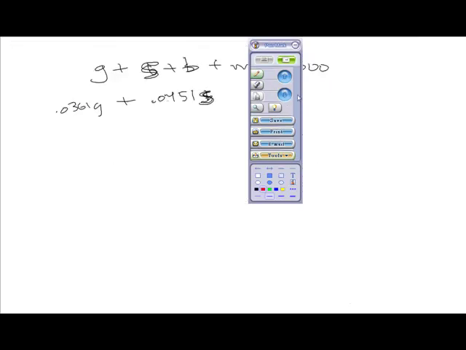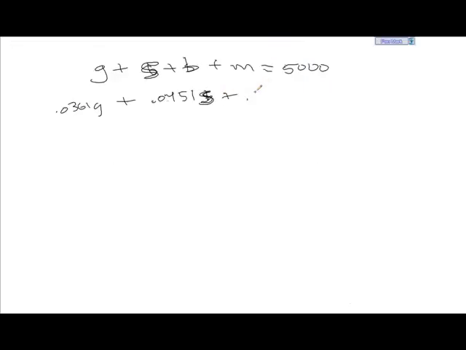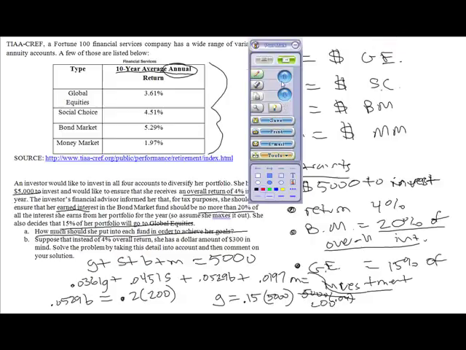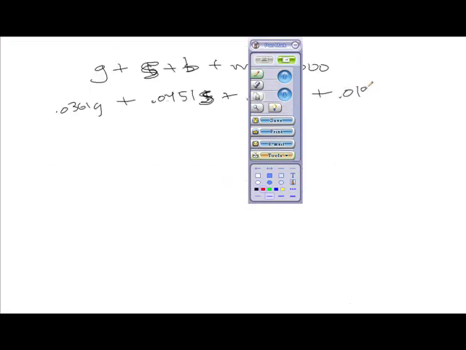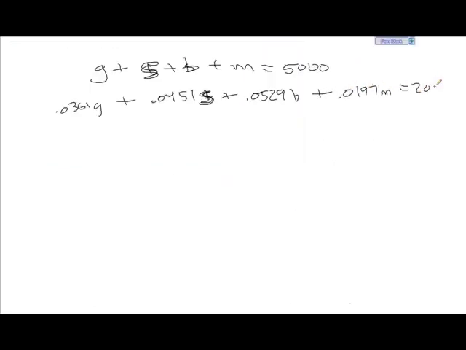Plus 0.0529 B plus 0.0197 M has to add up to $200.